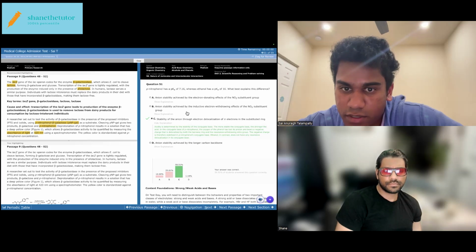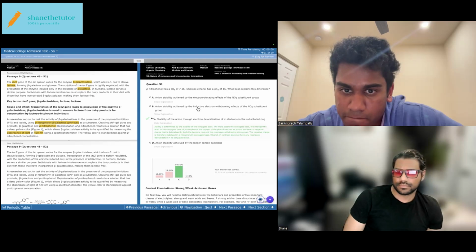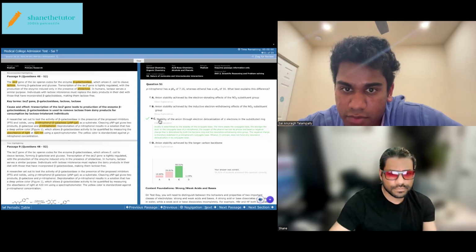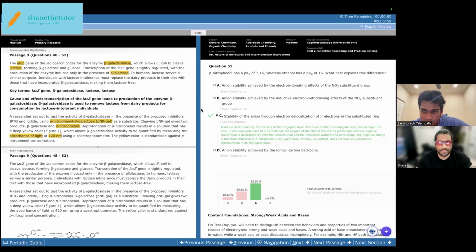I don't know which one it is, but I think NO2 is an electron withdrawing group. Why is C better than B? NO2, donating or withdrawing? I don't know.